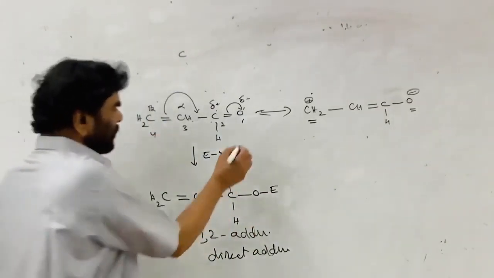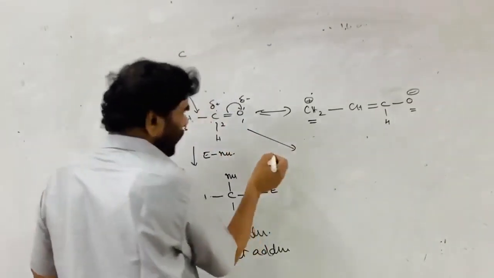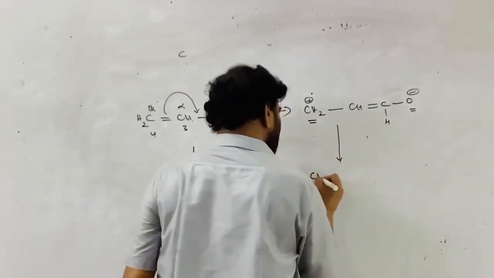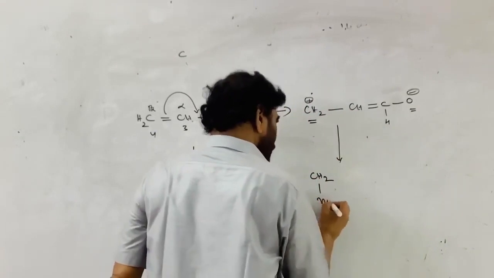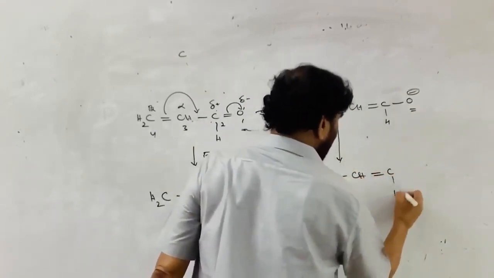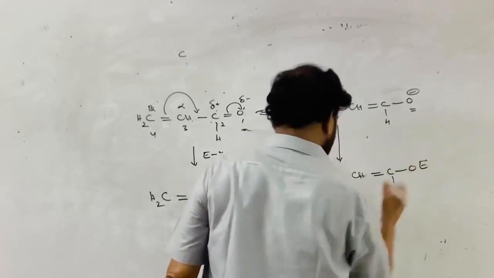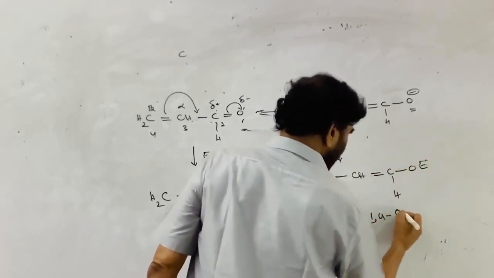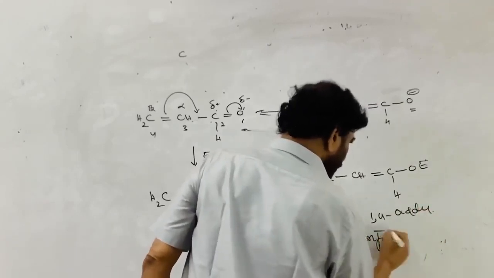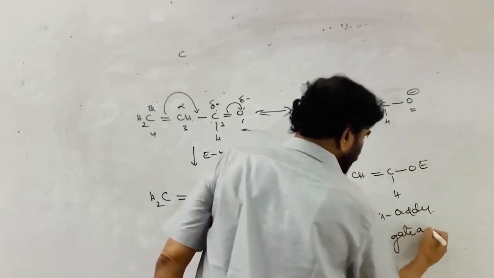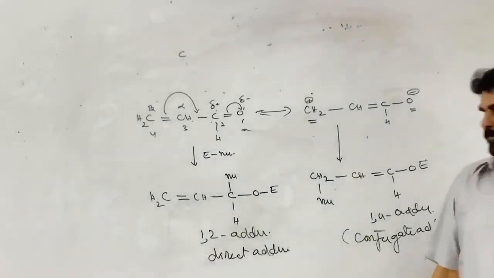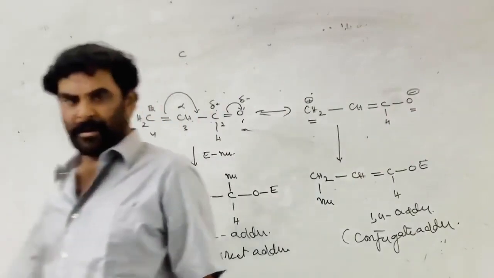Then sometimes, in this form, the nucleophile has to go to here and the electrophile has to go to here. This is 1,4 addition. This is called conjugate addition.